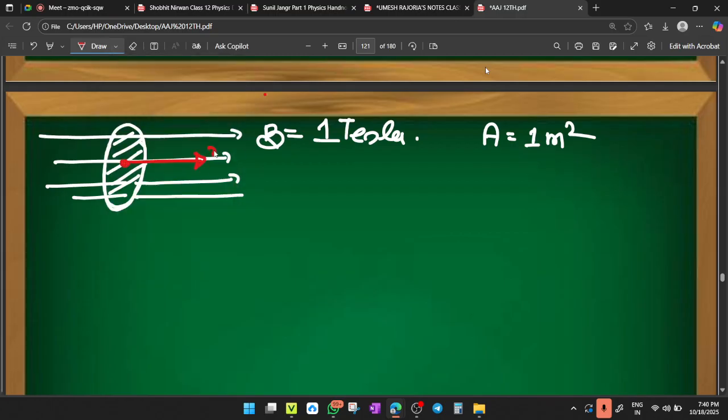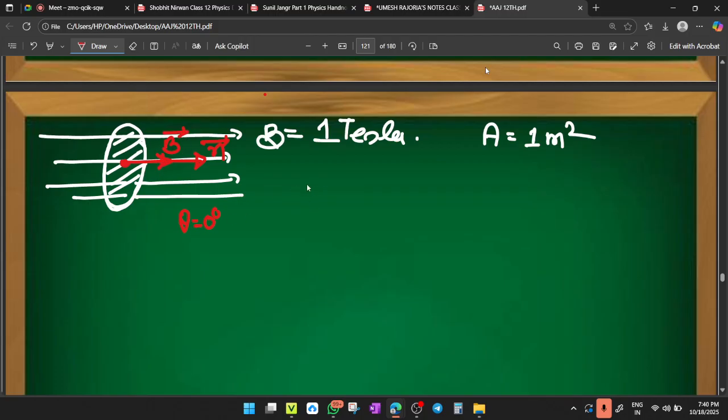The normal vector will lie perpendicular to the surface, and the magnetic field lines are penetrating the surface. So theta equals how much? 0 degree. Remember, theta is the angle between the normal vector and the B vector. As the normal vector is aligned with the B vector, theta equals 0 degree.